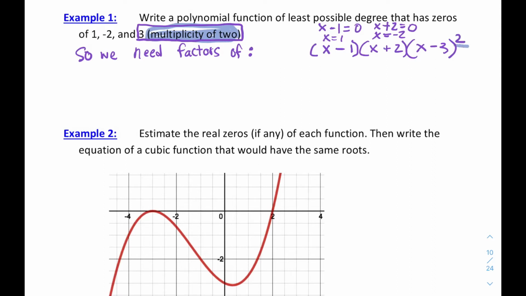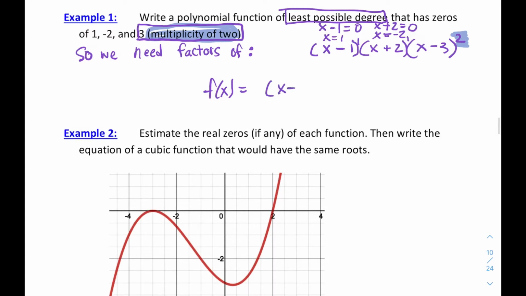And since 3 has a multiplicity of 2, it has to have that factor occur twice, or be squared. The question says to write one of least possible degree, so that means don't have it be a higher degree polynomial than necessary, so don't change the multiplicities to anything higher than 1 on the other two factors. And you could also have a value of anything multiplied out in front to stretch or shrink it.